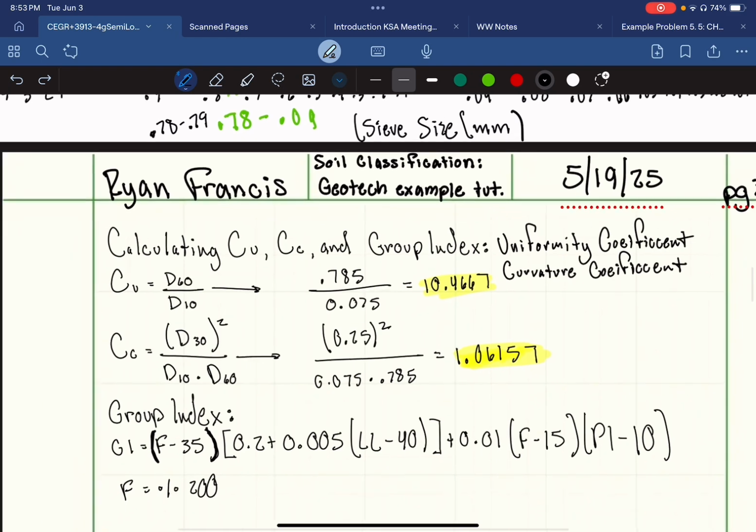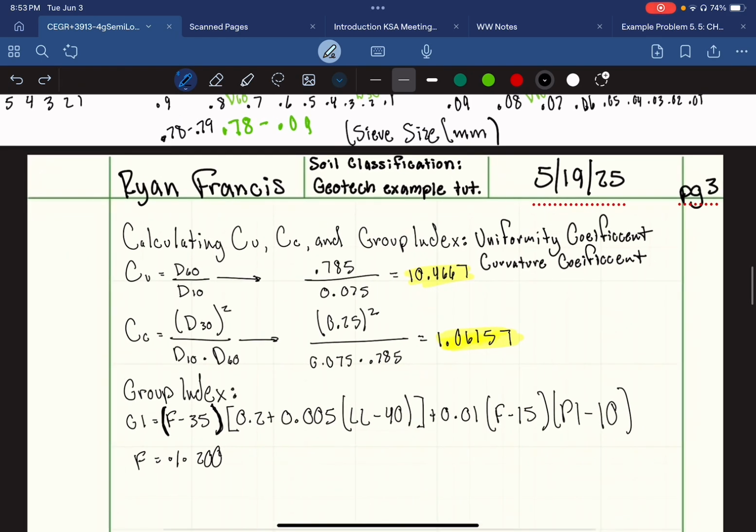So let's go down here. And I guess it's the third step you're going to be doing. You're going to be actually calculating your CU, CC, and group index. So the uniformity coefficient is D60 over D10. So I already read that out. That's 0.785 over 0.075. And it comes out to be 10.4667.